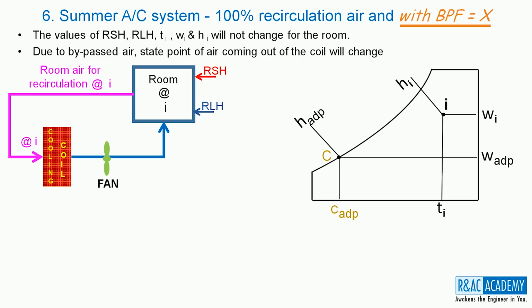If the bypass factor of the cooling coil is 0, then the state of the air at coil exit and also at room entry would have been at C. But in this case, some air is bypassing the coil and hence the state of the air at coil exit will not be at C. But it will definitely be on the line joining I and C. We can find its exact location using the coil bypass factor supplied by the coil manufacturer.